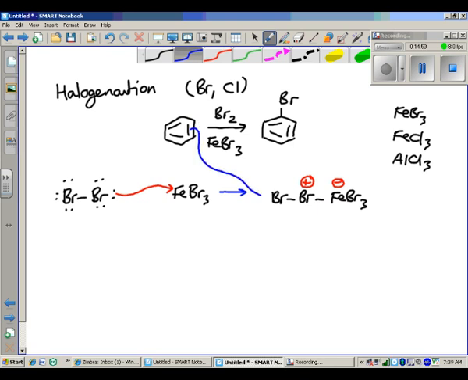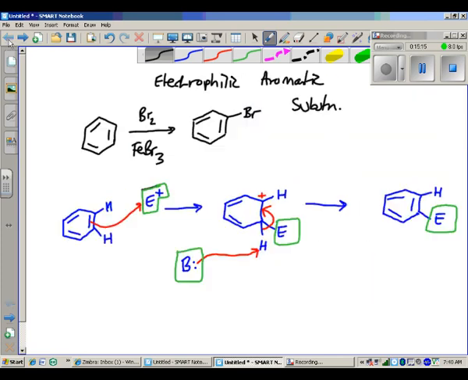The benzene comes in, grabs that bromine, and it grabs this bromine because this bond wants to break and go onto here to give that bromine its 1 bond back. And what we end up with is the bromine added onto the ring, and we get this FeBr4 minus complex, which acts as the species to remove the hydrogen from here.